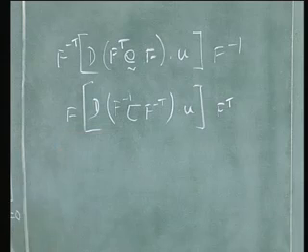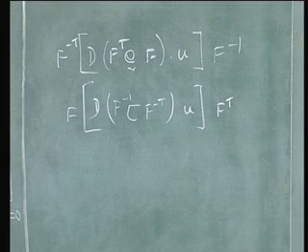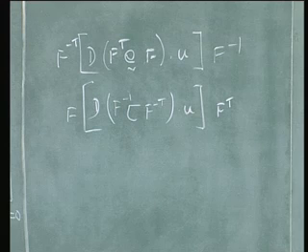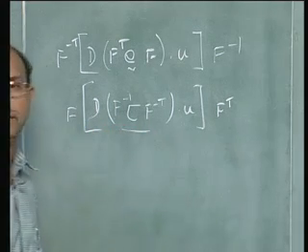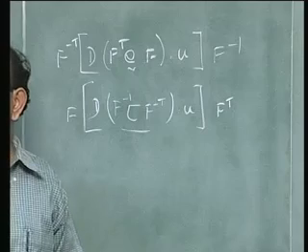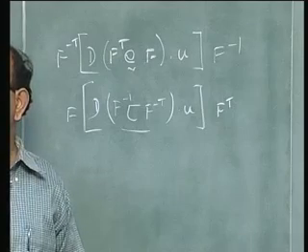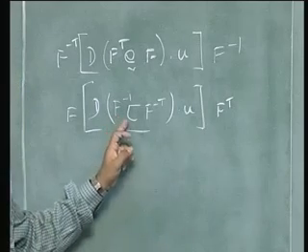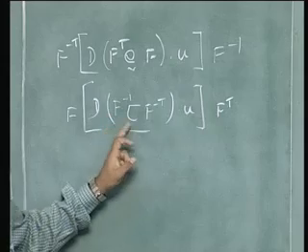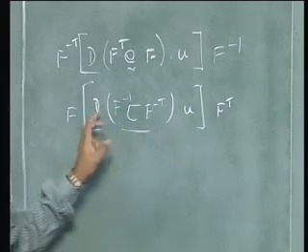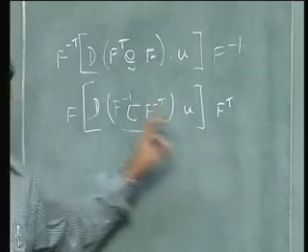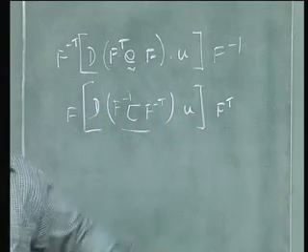F inverse of transpose is usually written as F inverse transpose. This operation comes from what we had studied in the previous class. This is the pullback operation, followed by the derivative, and then the push forward operation.